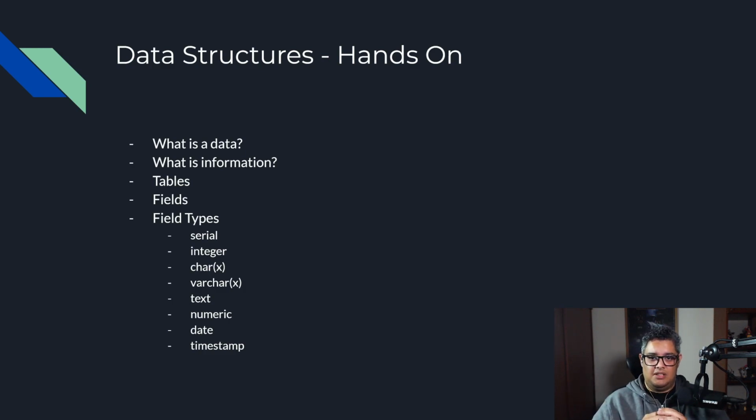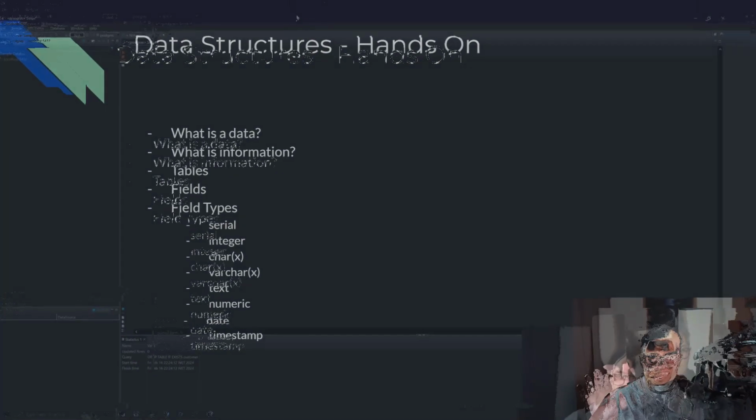Text, that you can really put a bunch of text there. You can save almost any kind of any size of text you want. Numeric, that's any kind of number, integer or using decimal places, doesn't matter. Date, timestamp, and I'm sure you'll find a lot of other types on the internet.